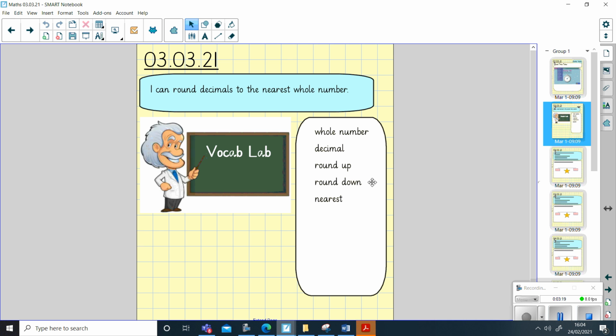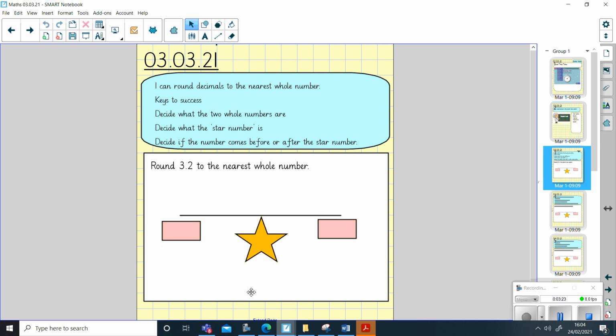I'm going to take you through using a model to start with, and if you want to use this model for your questions today, then I will upload this into Teams so that you can print out or copy the sheet and use these yourself. Okay, so we're going to think about rounding 3.2 to the nearest whole number, and I've got my keys to success to help me.